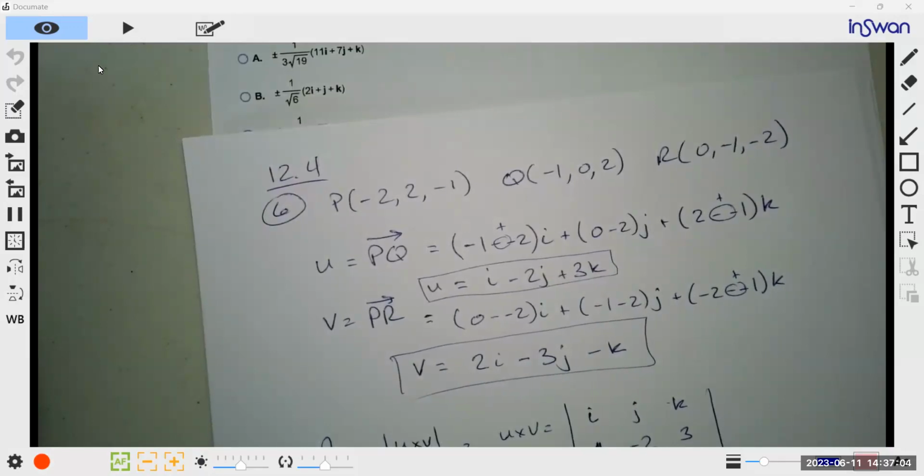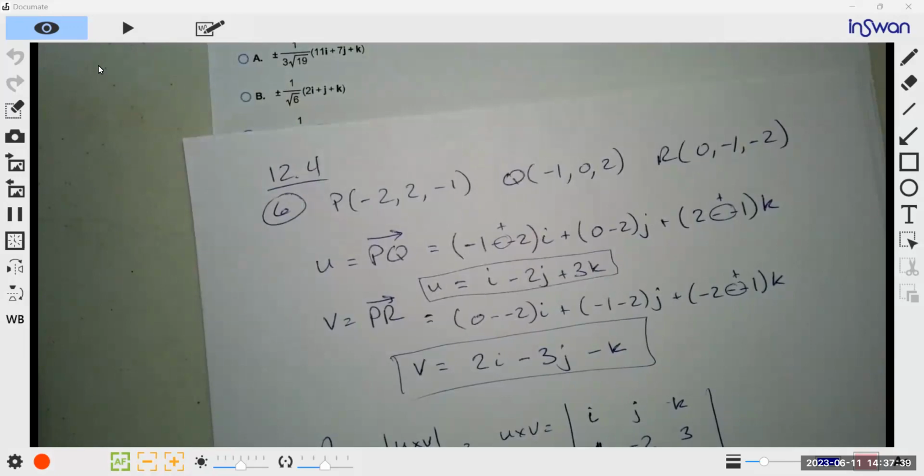Three, first two columns. Negative is 2i, 6j, 3k.